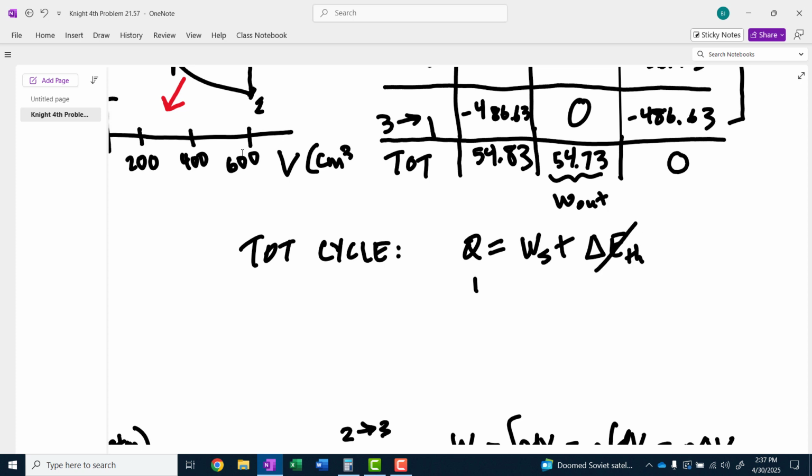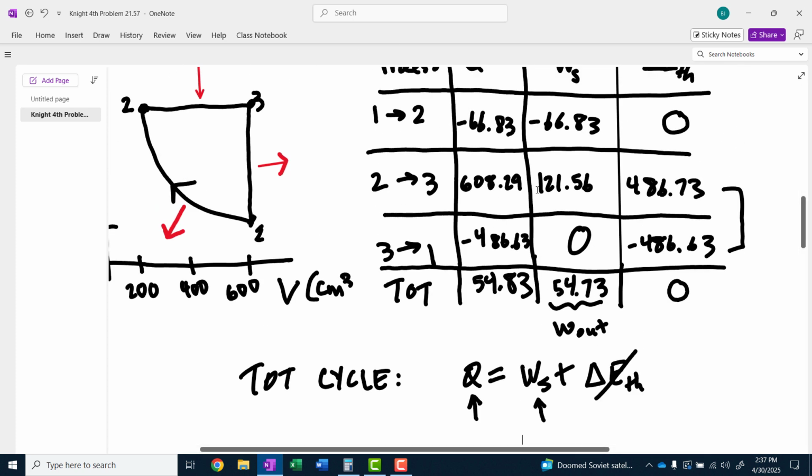So the total heat taken up by the gas, that includes positive and negative contributions, must equal the total net work done, which we tend to call work out. And they do. So that's a good check. You really want to complete the entire table, because if you don't find at the end that delta E thermal is 0, or you don't find that these two numbers are the same, that alerts you that you made a mistake somewhere.